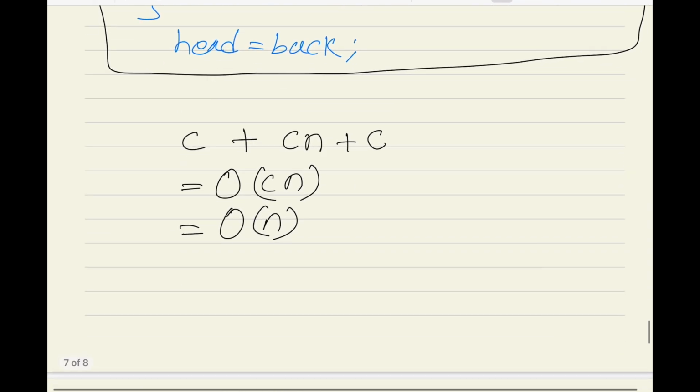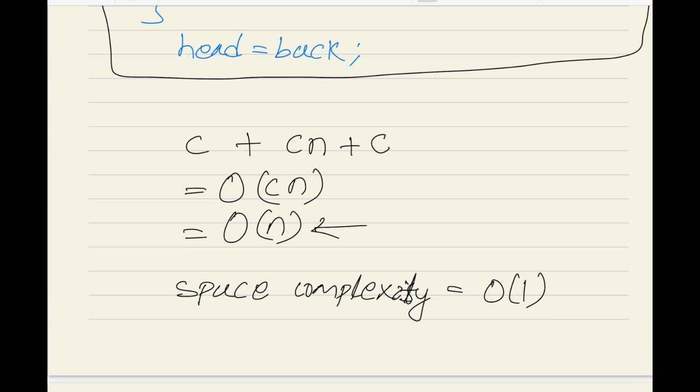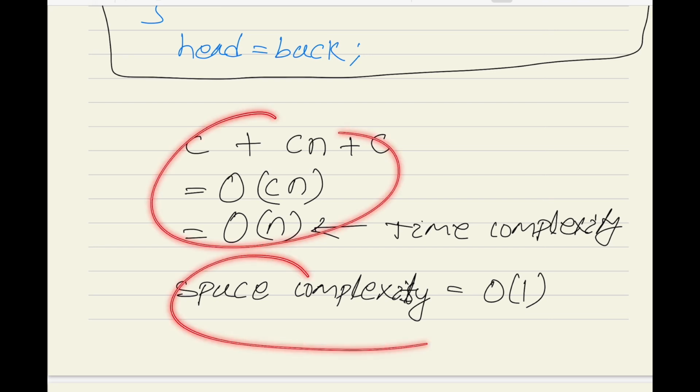So here the memory space required, or the space complexity, you can consider the space complexity is order of 1, that means constant, and time complexity will be order of n. So this is the time complexity. So I hope this one is clear, the space complexity and time complexity.